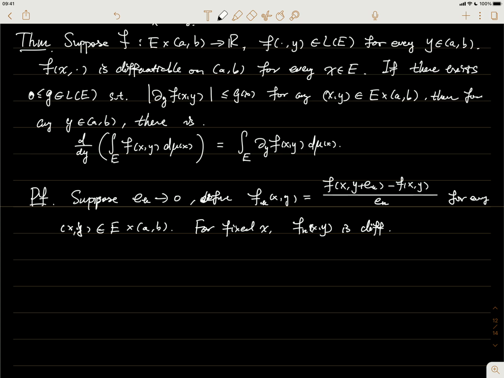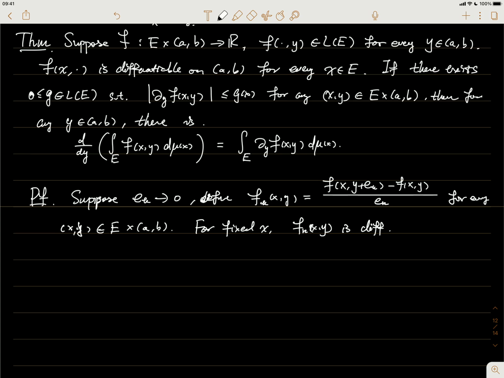And actually, what we really need is that when we fix x, we can see by the mean value theorem that this ratio is equal to the partial derivative of f at some point between y and y + e_k.